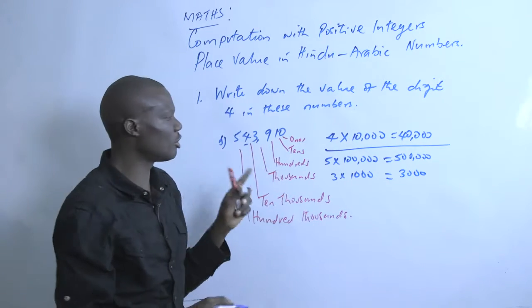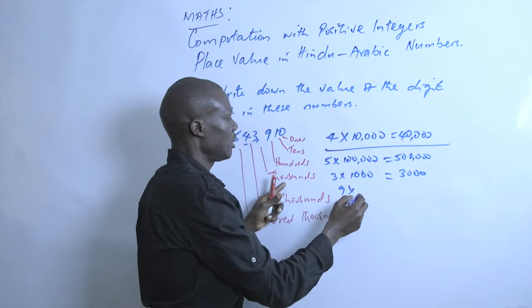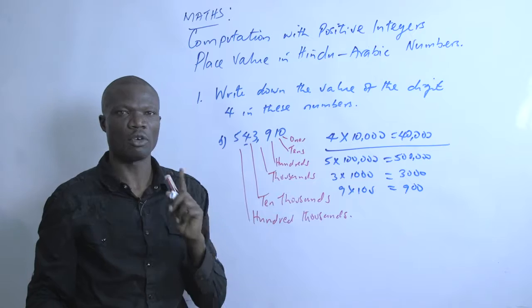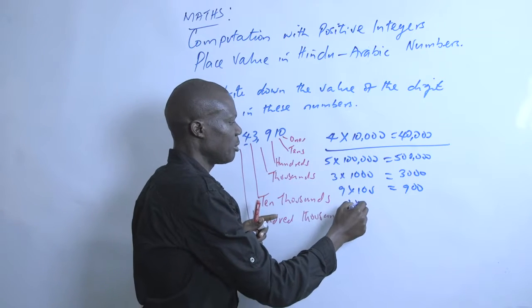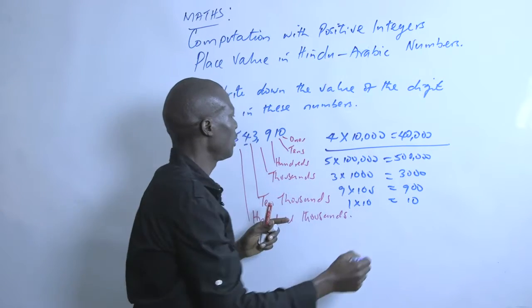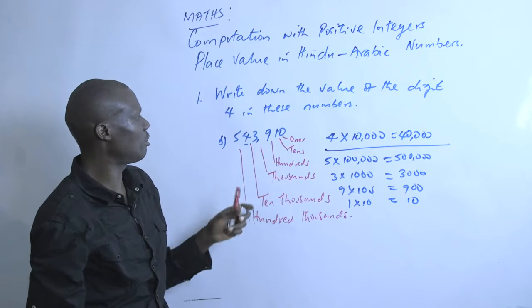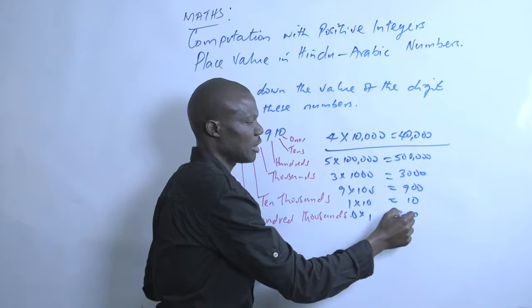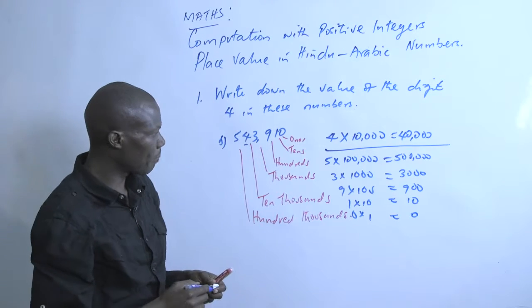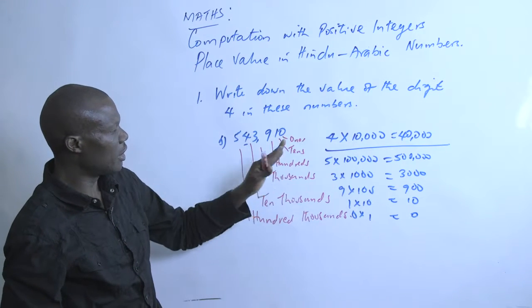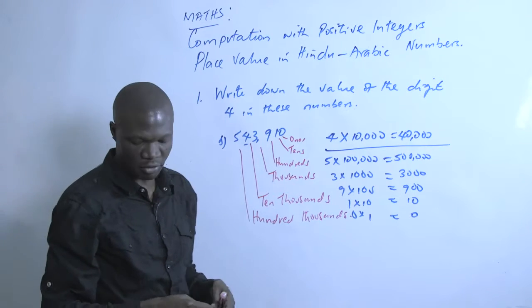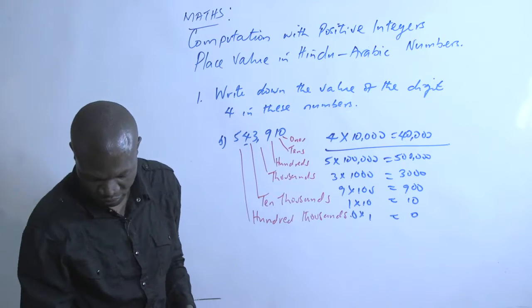For 9, it would be 9 times 100. For 1, it would be 1 times 10, which is 10. And we have a 0, which should be 0 times 1, which is just 0. So these would be the values of the other digits with their respective positions.